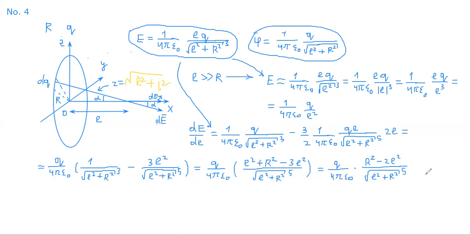Okay, and according to calculus, when E is maximal, the derivative will be 0. It will be 0 when the electric field intensity is maximal.